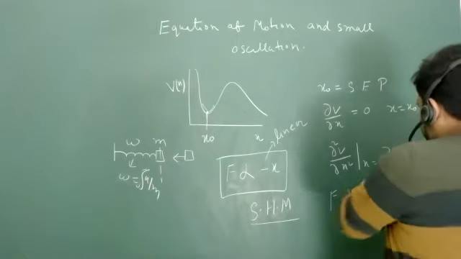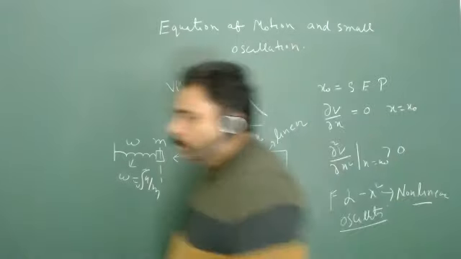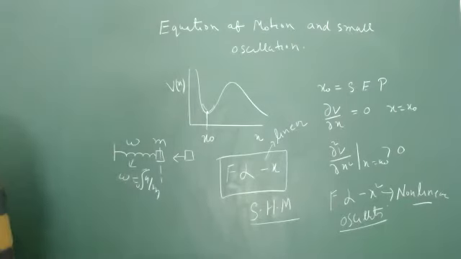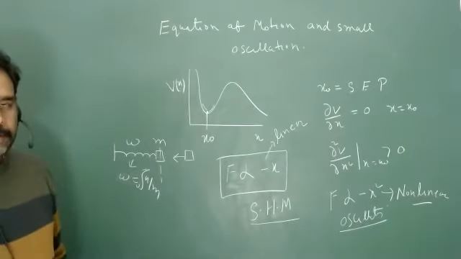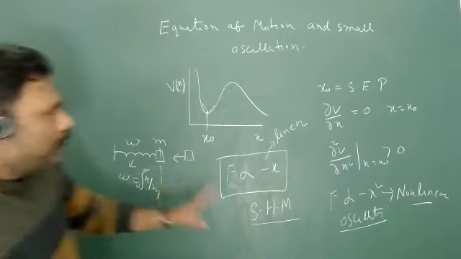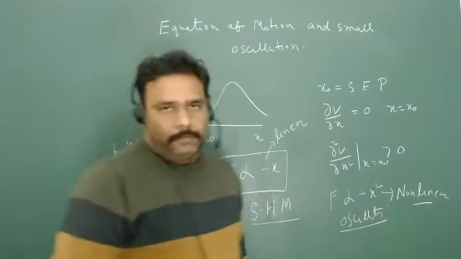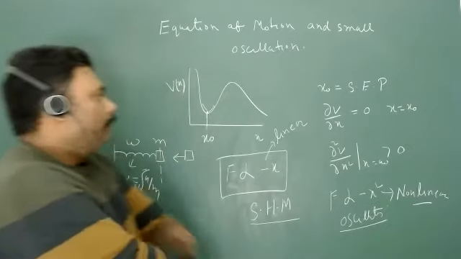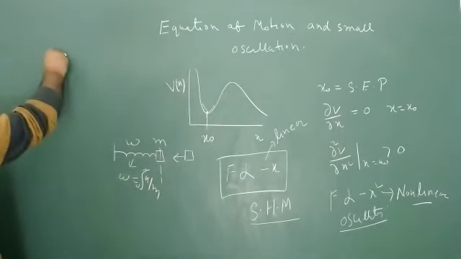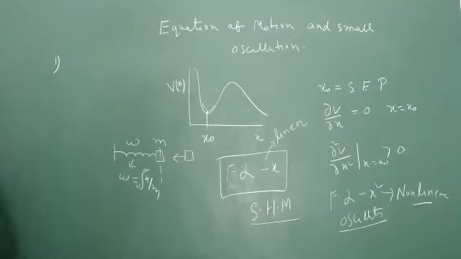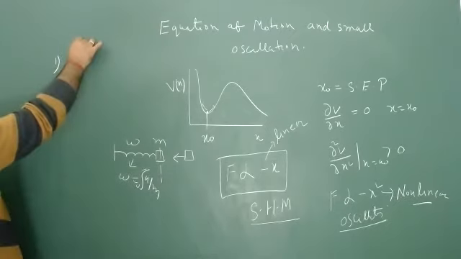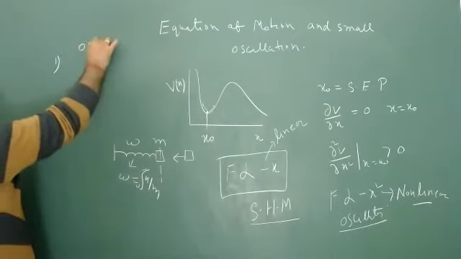So let us first go through what the conditions of simple harmonic motion are, and what the difference is between when your force is linear and when it is non-linear. So the first condition is that it is all about oscillatory motion. What is all about oscillatory motion?